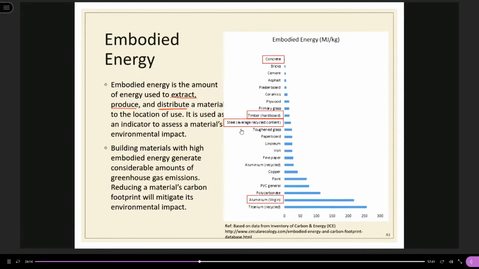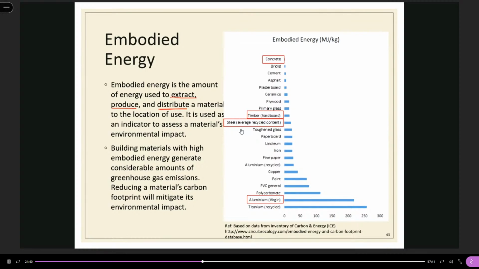Hong Kong, we don't have timber. We have some countryside, we have some country parks, but we don't use timber in Hong Kong because we don't have forests. So we have to import the timber from the other countries, from the mainland. So the transport also consumes energy.